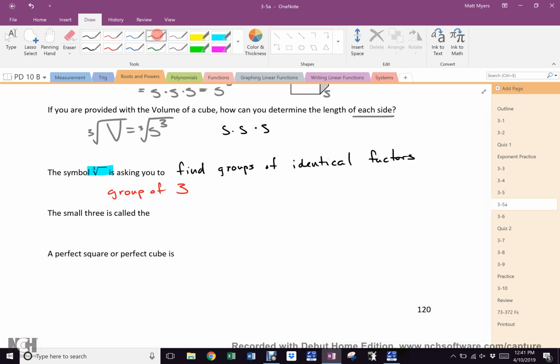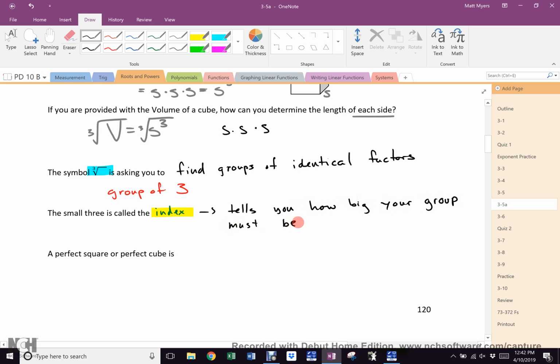That little number is called the index. Please highlight it, underline it, put a cloud around it. I don't care, but you need that word. The index tells you how big your group must be.